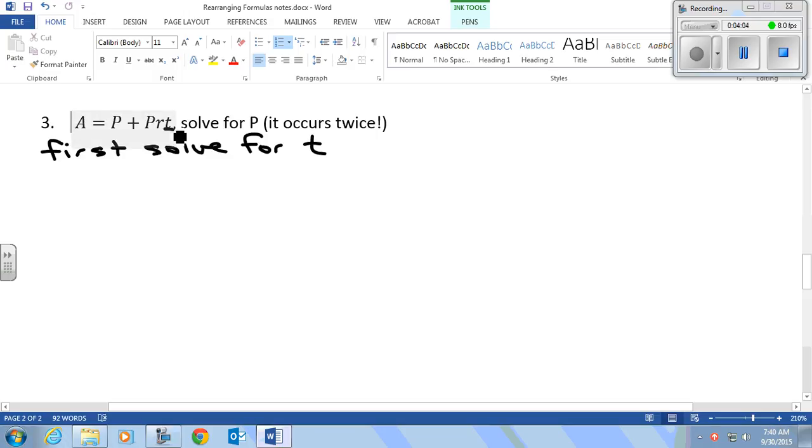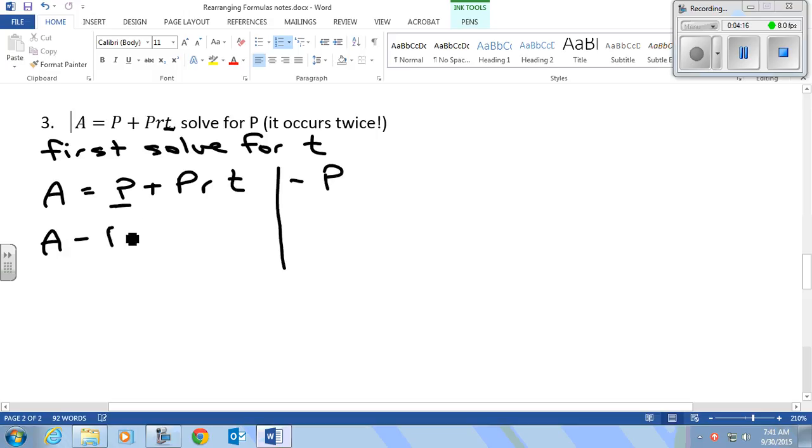So I've got A equals P plus PRT. Let's first subtract this P from both sides. So I've got A minus P equals PRT. This is P times R times T. So in one step, I can just divide by PR.